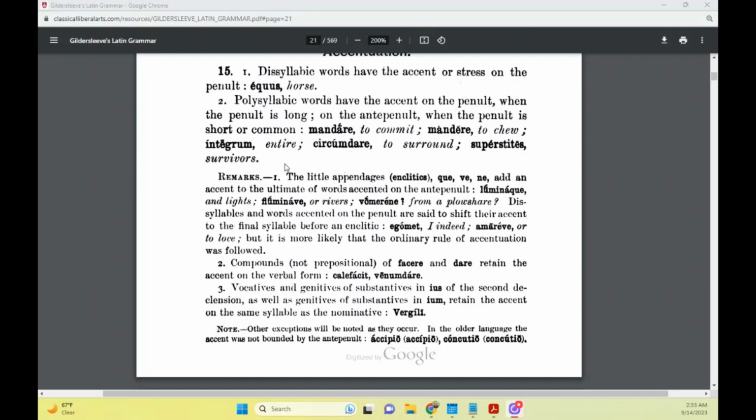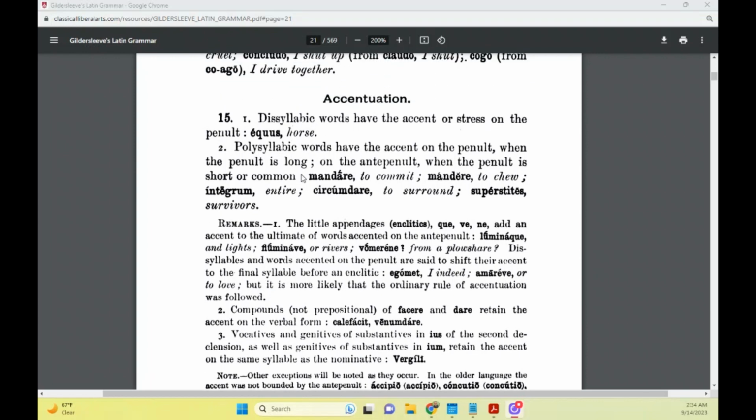So that's it for Article 15. Really, all we've got are 2 simple rules, a rule for disyllabic words and a rule for polysyllabic words. Two simple rules that you just have to practice using. You just have to get used to hearing the Latin.